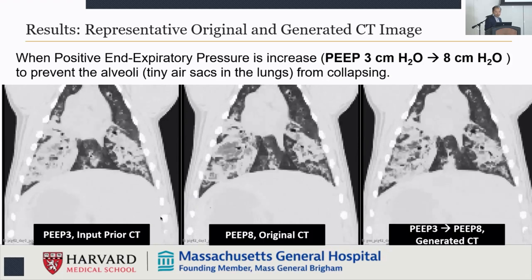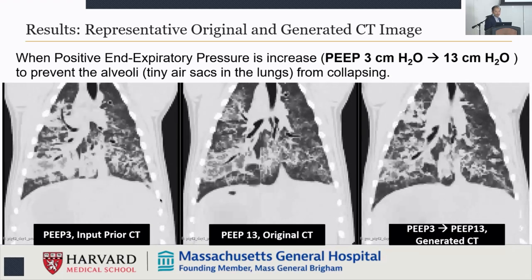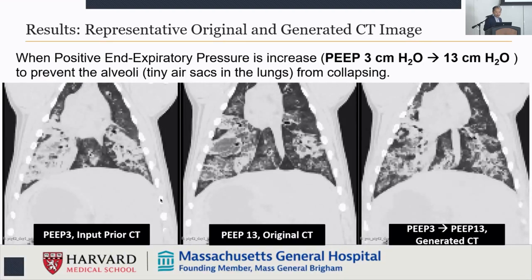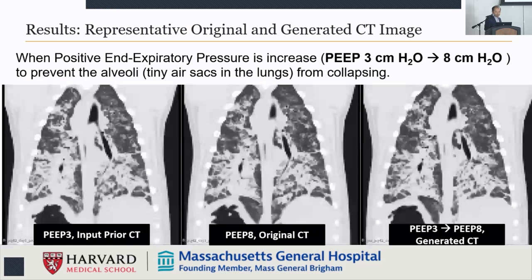In the center is the original CT after you change the parameters, right? Then on the right is the generated image. The generated image pretty much looks similar to the original CTs.